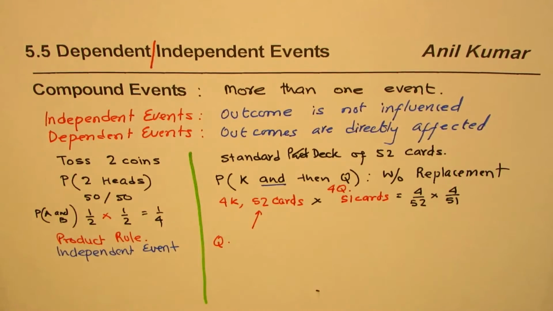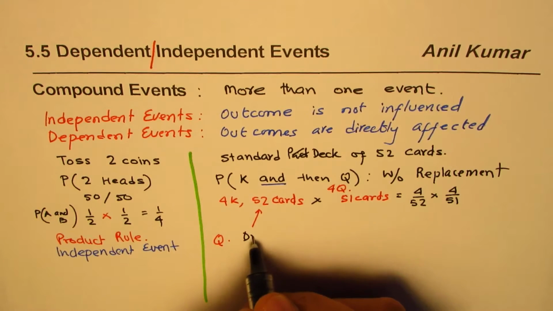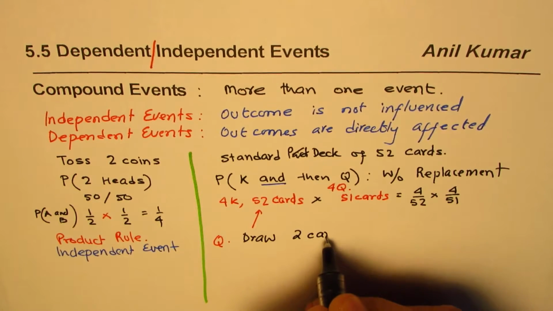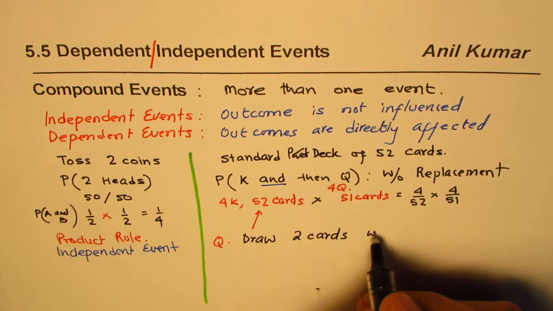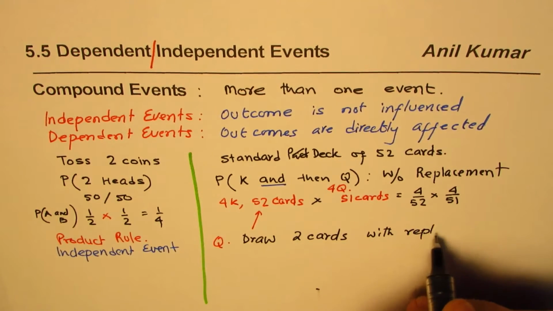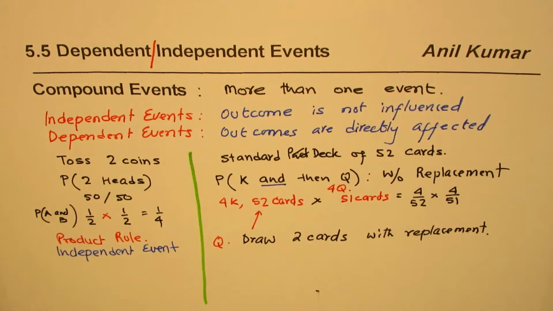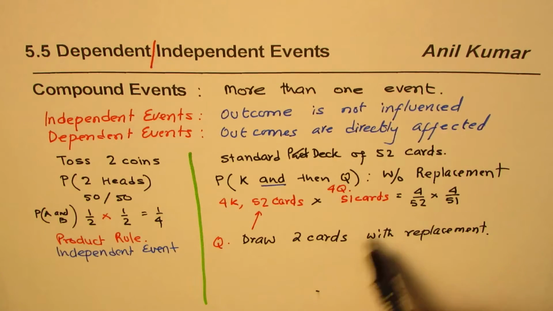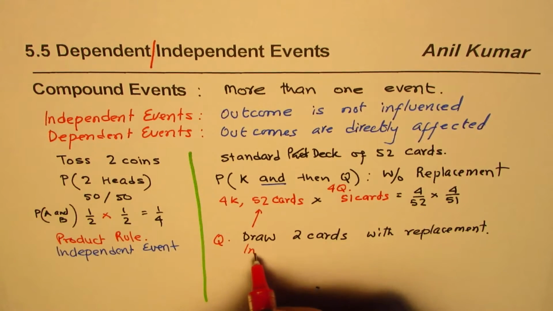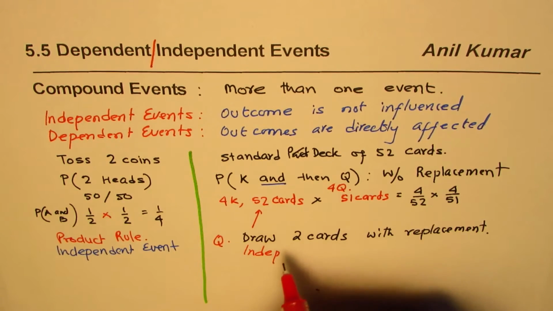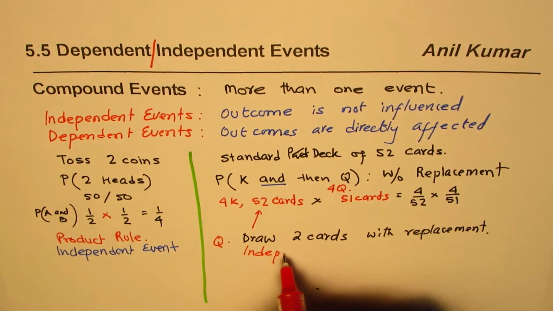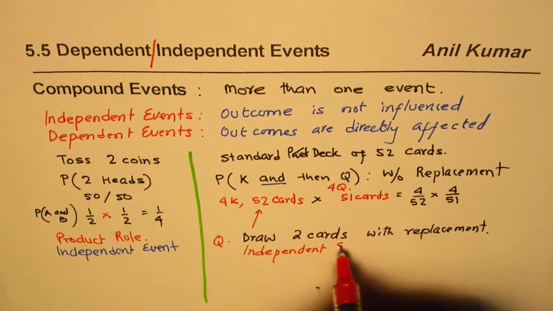If we draw 2 cards with replacement, will the event be independent or dependent? What I'm trying to say is you draw a card, put it back into the deck, and then draw the other one. In that case, it is clearly an independent event, since the first card that was drawn has been placed back.